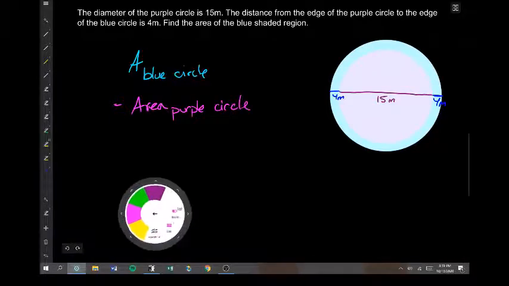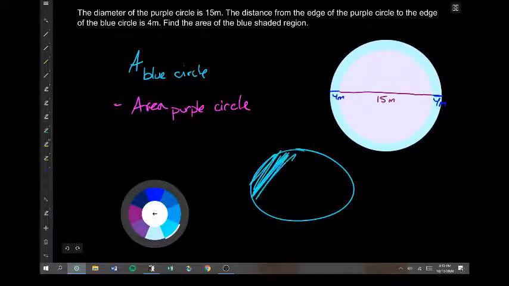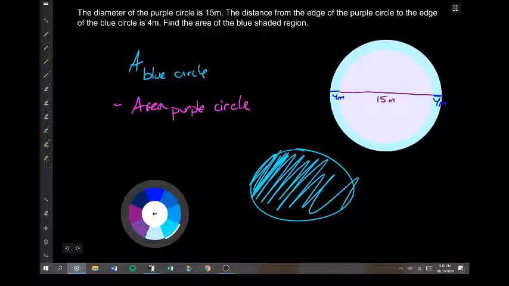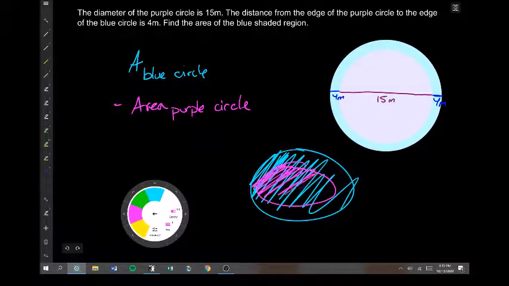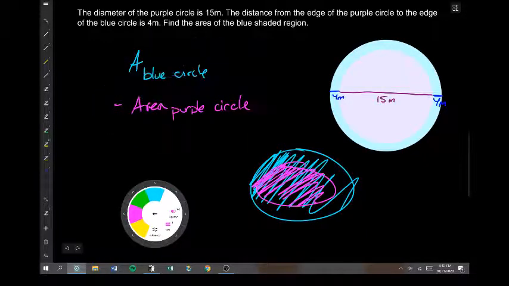Think of it like you used to have a really big blue circle that was filled in like this. But then we took out a whole bunch of it by coloring it purple. And everything that I just colored in is no longer blue, it's now purple. So if I do the area of the blue circle minus the area of the purple circle, I can get that done. Well, that involves finding radii, right?